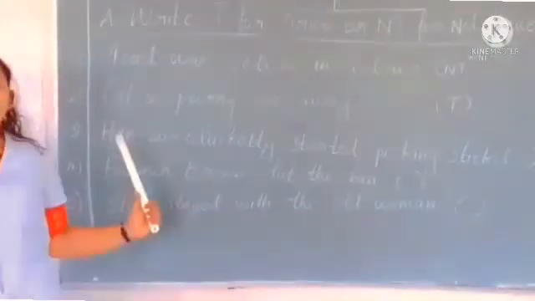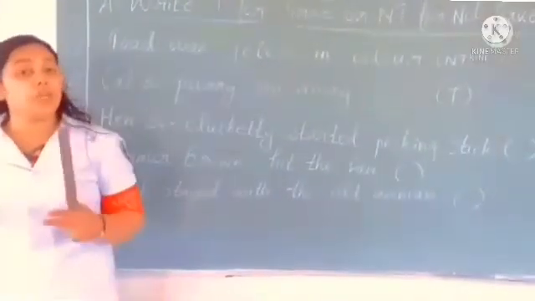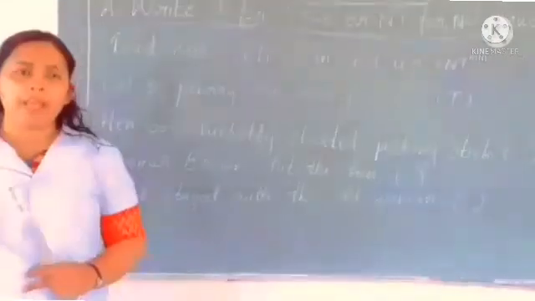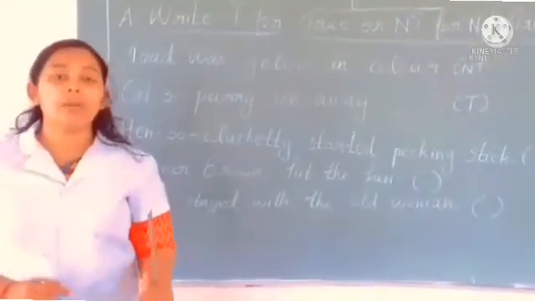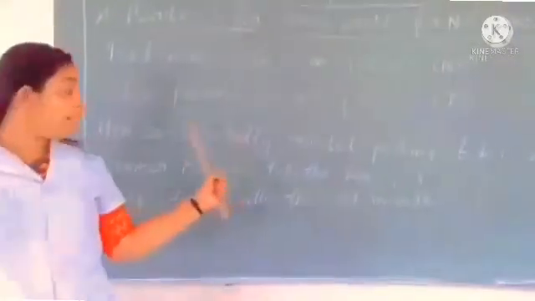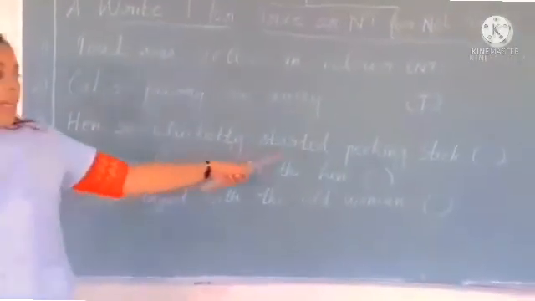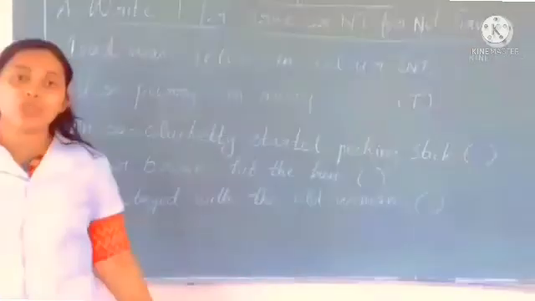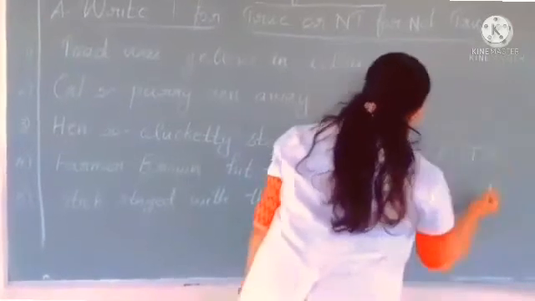After cat, he met a hen and started to pick at the stick. What do you mean by pick? Yes, bite something in the beak. So our hen started to pick at the stick. Is it true or not true? Yes, that is true. So here we can write T.